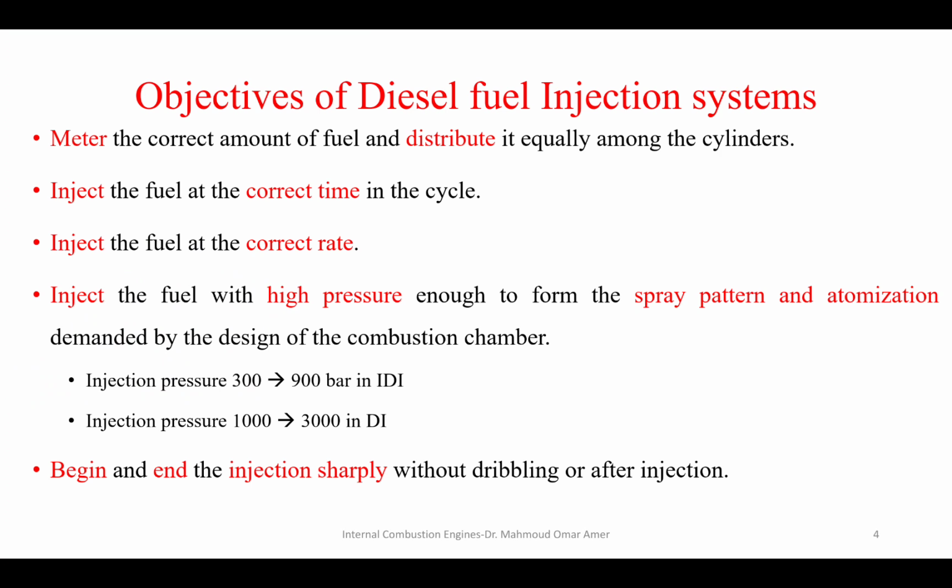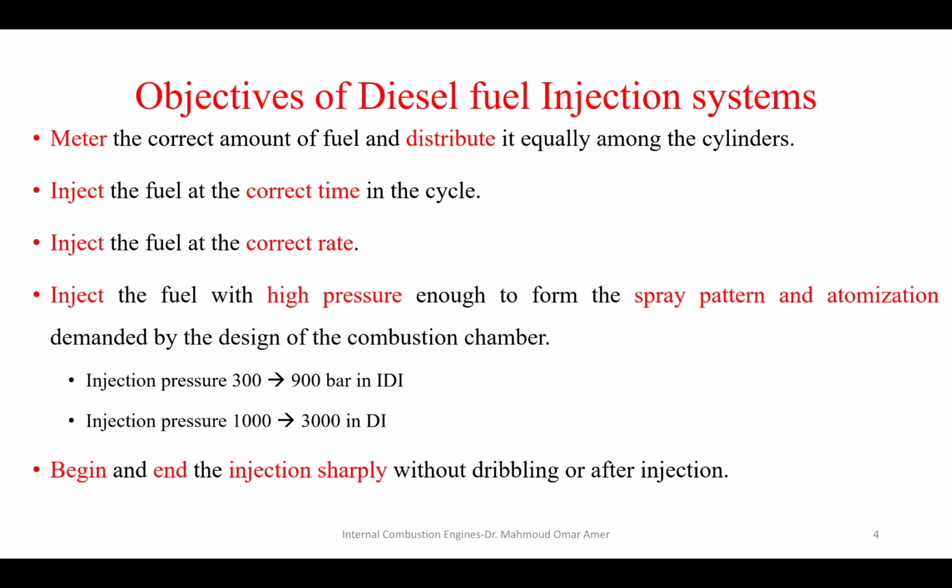And to inject the fuel with high enough pressure to atomize the fuel into very fine droplets to allow it to mix well with the air. And also to begin and end the injection sharply without dribbling or after injection. Maybe the last part is the one that needs slight explanation.